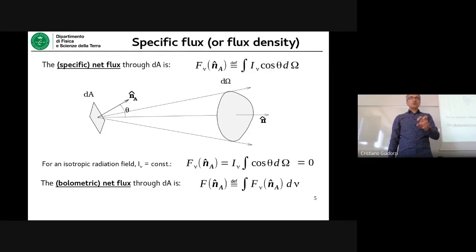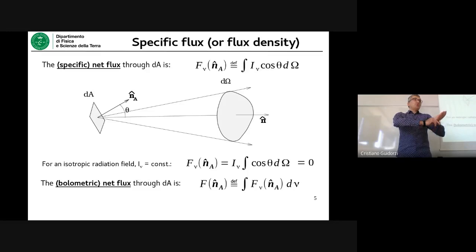So I just took the specific net flux, F_ν here, and integrated it over the electromagnetic spectrum, so the integral over dν, and this is the volumetric net flux, which still depends on the direction of the surface, so on the orientation of the surface, okay?